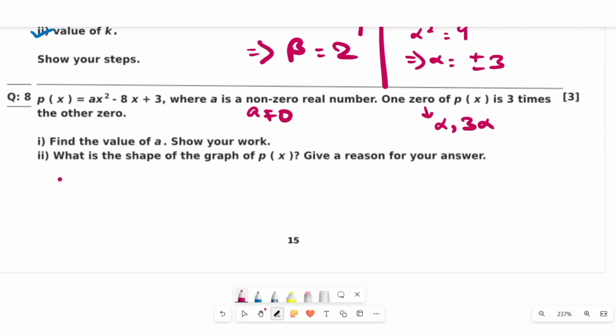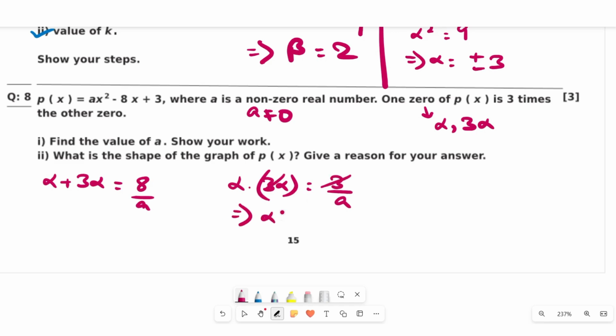So we have two relations where the sum of the zeros alpha plus 3 alpha is equal to minus of minus 8, that's 8 by a, and the product of the zeros alpha into 3 alpha is equal to the constant term 3 by a. So 3 gets cancelled. So here we are having alpha squared as 1 by a, whereas from here we are having 4 alpha equals 8 by a.